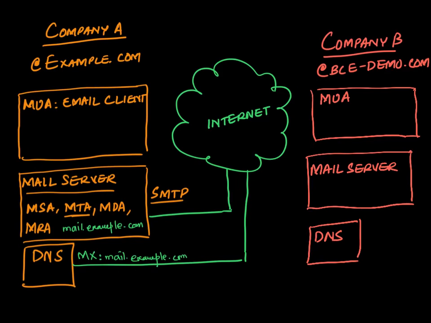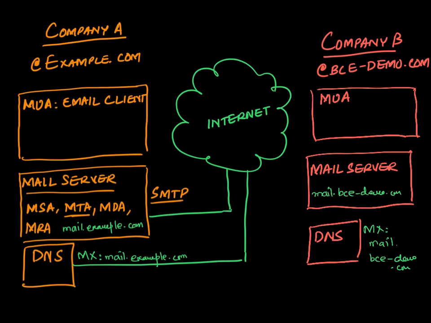I'll write a host name so that we are very clear on this one. The host name for this mail server is mail.bce-demo.com. That's the host name. And the MX entry within this company's DNS will be mail.bce-demo.com.